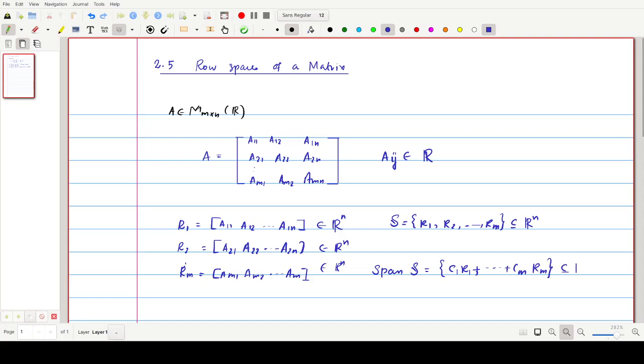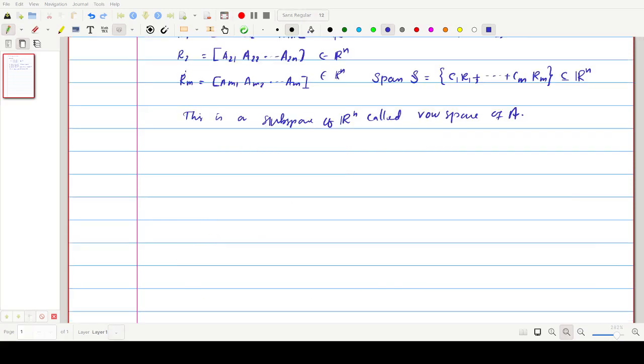This is always a subspace of R^n, and the subspace is called the row space of A. The dimension of span of S is always less than or equal to n, which is the dimension of R^n, since this is a subspace.